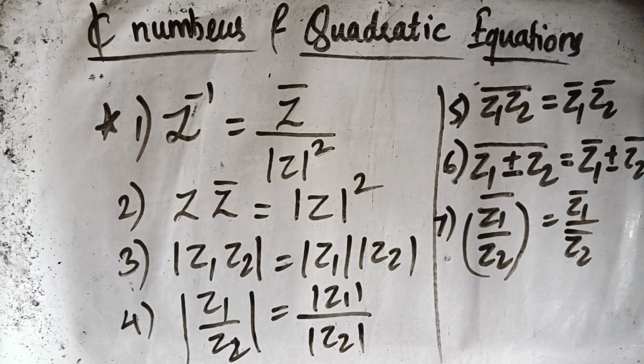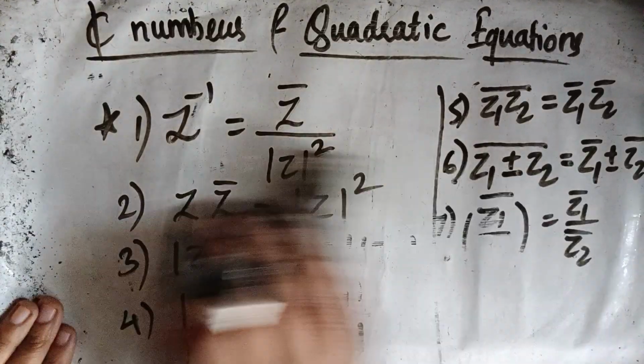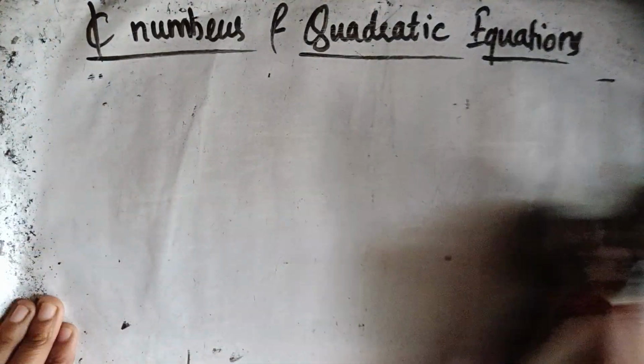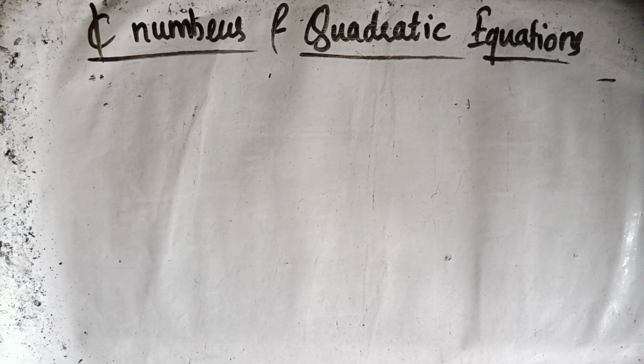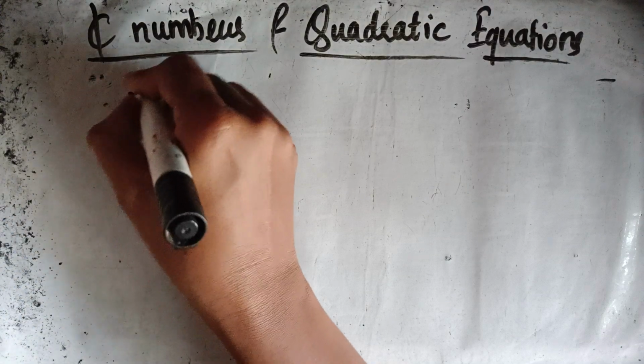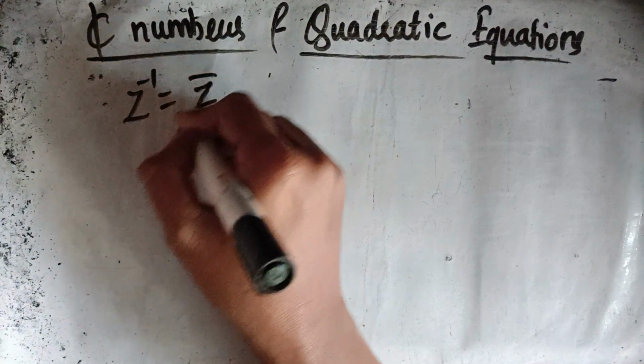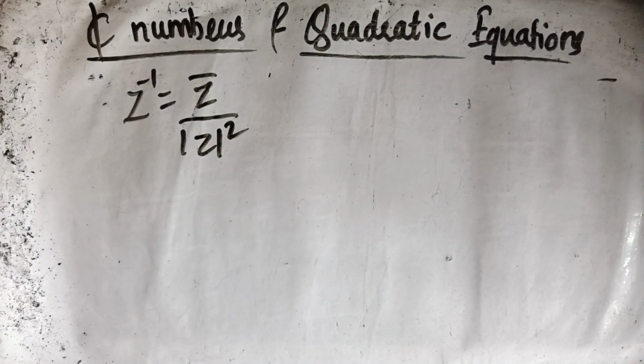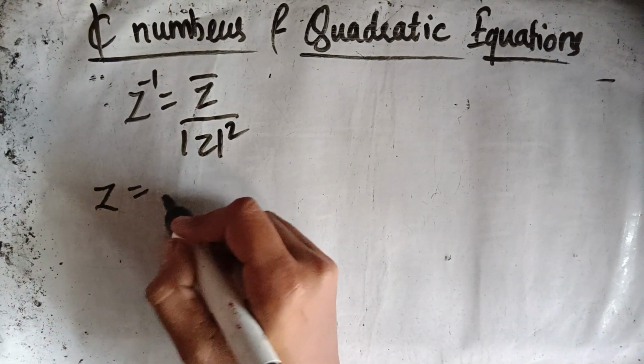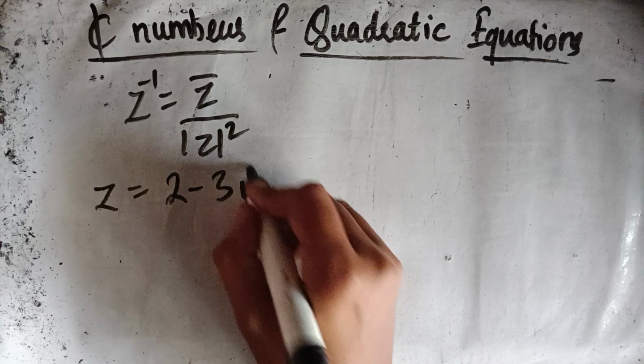Okay. Let's solve some examples which are given in the textbook. You have to find multiplicative inverse of 2 minus 3i. Okay, one way is by doing 1 upon the number, and the second way is I've given one formula, that is inverse is given by conjugate upon mod square. So this is 2 minus 3i.